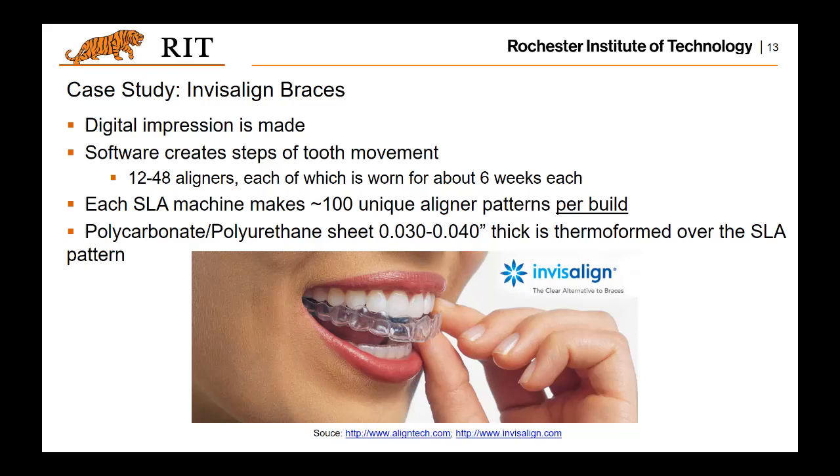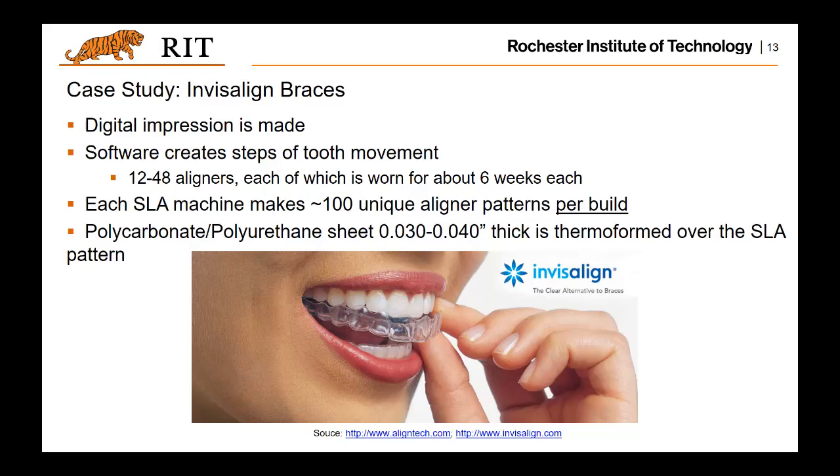What it does is the software will create the steps of tooth movement. There will be a series of aligners, usually 12 to 48 aligners, and each of them is worn for about 6 weeks.